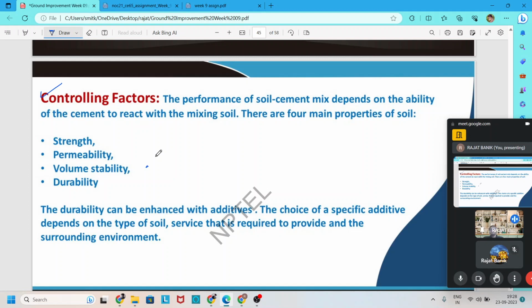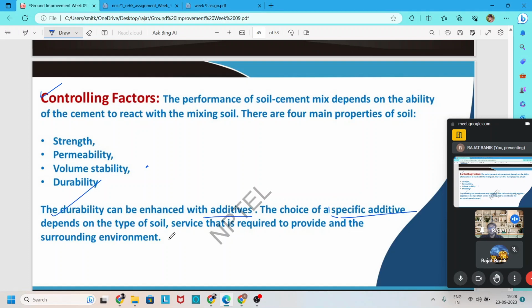It is said that durability can be enhanced with additives. The choice of the specific additive depends on the type of soil, the service that is required, and the surrounding environment. That means we can improve the durability of the soil by some additives.